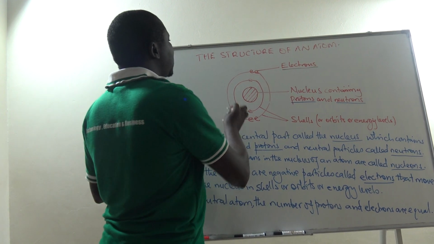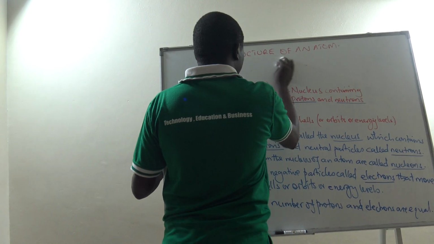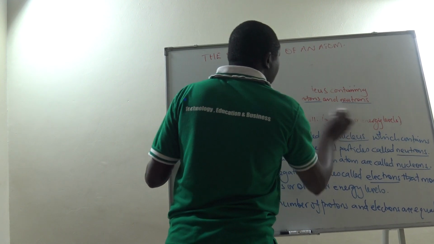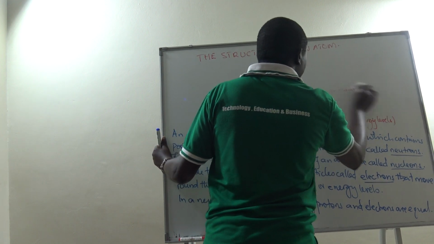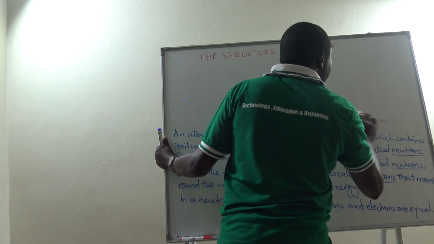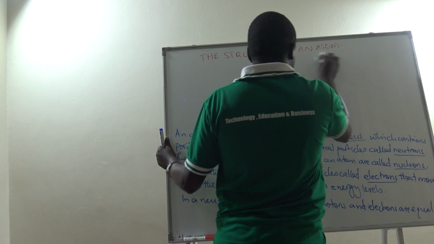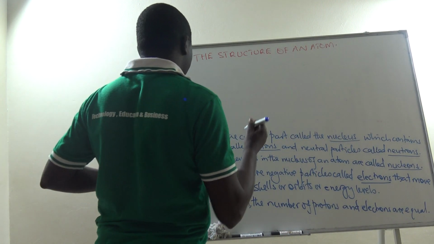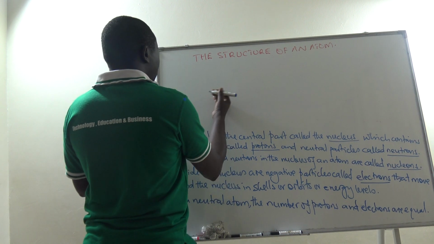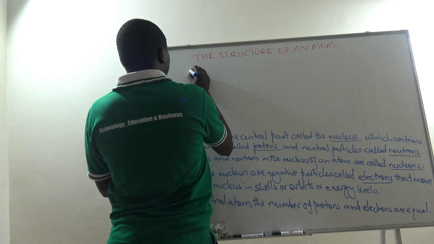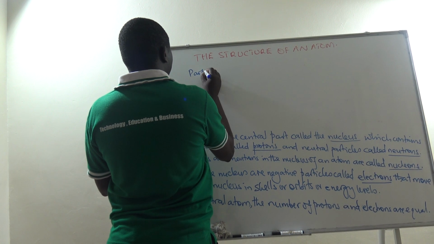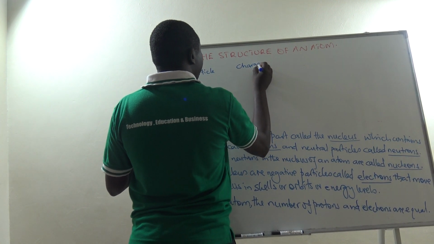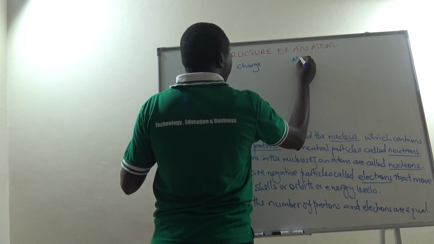So now let us look at this table containing the subatomic particles, and we are going to look at the charge on each subatomic particle, and then we also have to look at the mass of each subatomic particle.